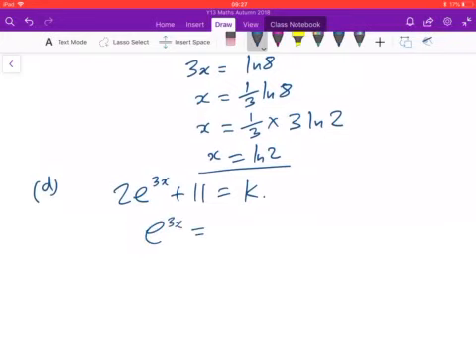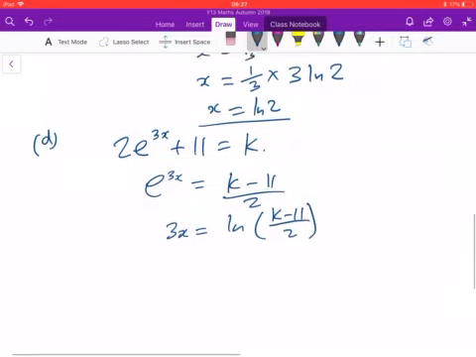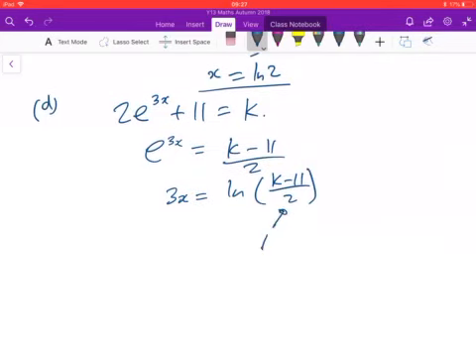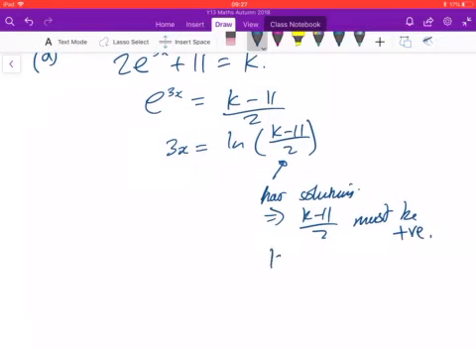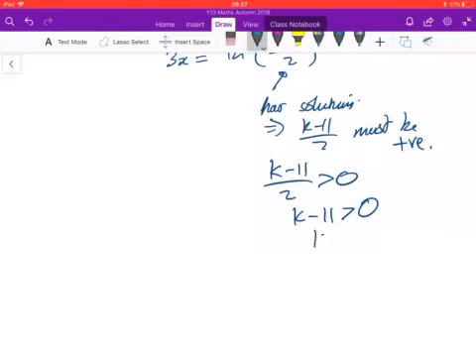So e to the 3x equals (k minus 11) over 2. 3x equals ln of (k minus 11) over 2. So for this to have solutions, we know that (k minus 11) over 2 must be positive. So (k minus 11) over 2 is greater than 0. k minus 11 is greater than 0. So k has to be greater than 11 for it to have solutions.